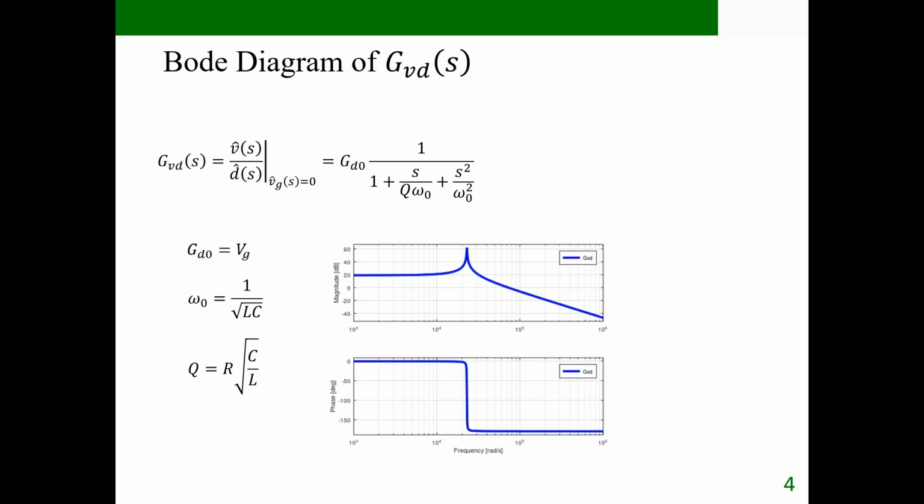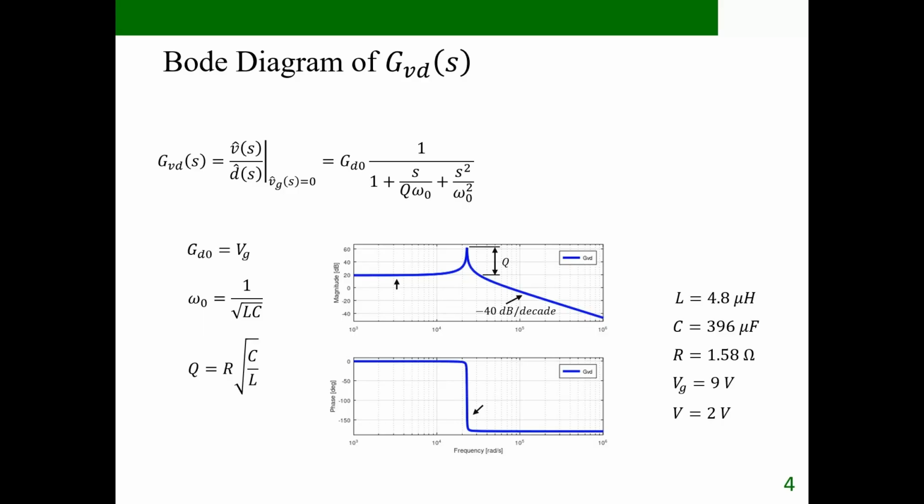You can immediately see the three most important characteristics: low frequency gain, a strong LC resonance peak determined by the quality factor Q, a minus 40 dB per decade roll off beyond the resonant frequency, and phase drop approaching minus 180 degrees around resonance. These characteristics are exactly what make voltage mode control challenging, especially when attempting high bandwidth with type 3 compensators.